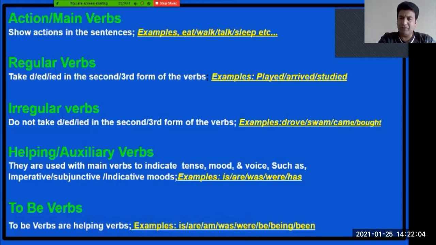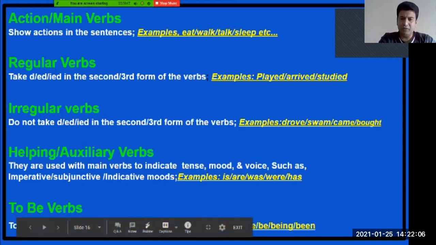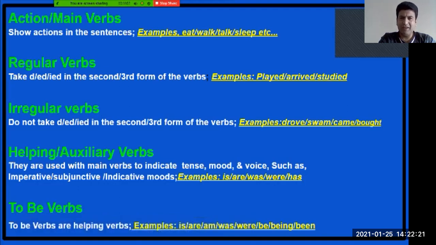For example, in terms of mood, in the English language there are three different moods: imperative, subjunctive, and indicative. Imperative talks about command and request. It includes sentences that have a command or request in them.